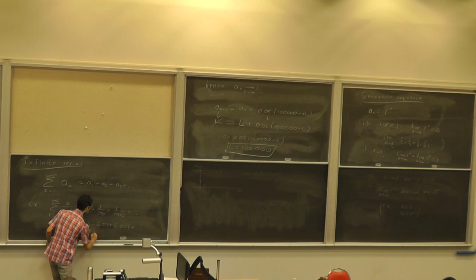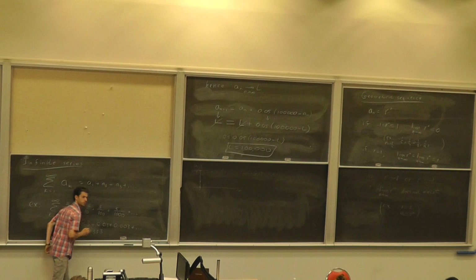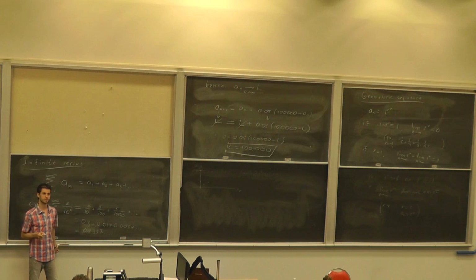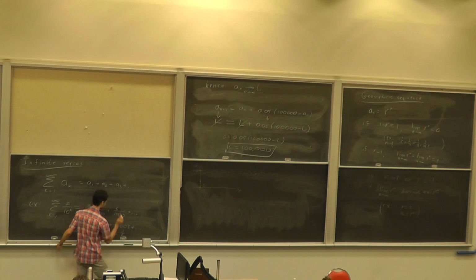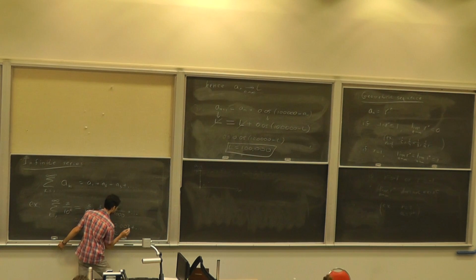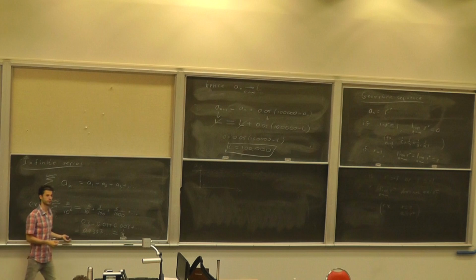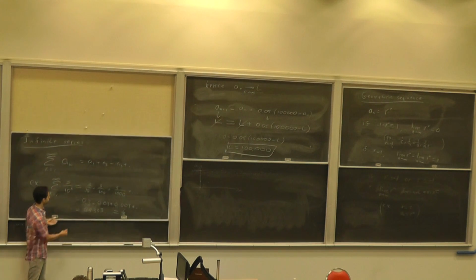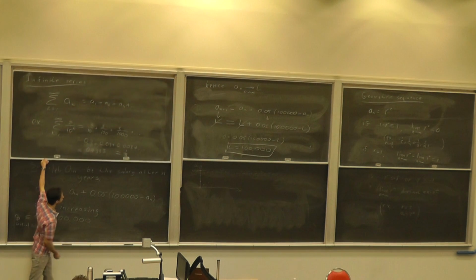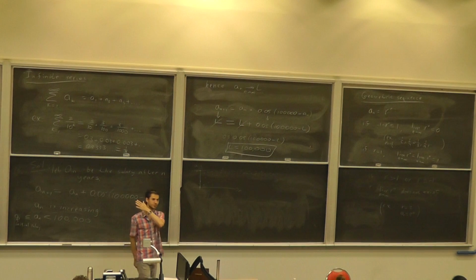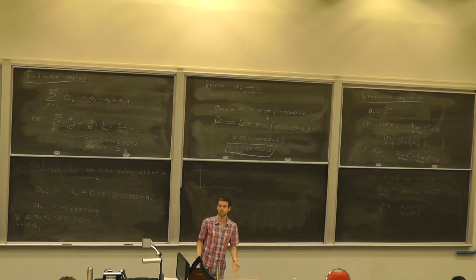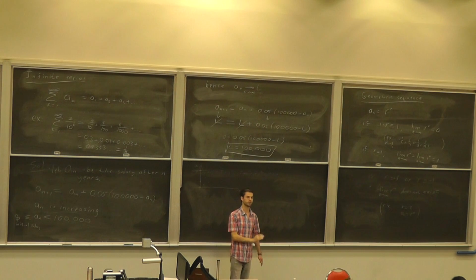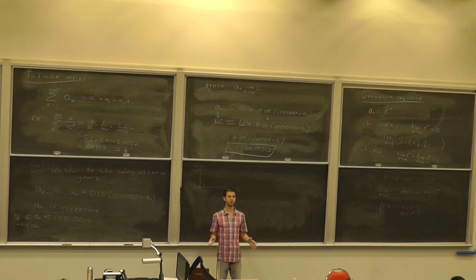So we have 3, 3, 3, 3, infinitely many 3's. And you know that this number is actually some familiar number. It's actually 1/3. So at least in this main way of interpreting this sum, it makes sense to say that this sum is actually equal to 1/3. It's a finite number, even though there are infinitely many terms.